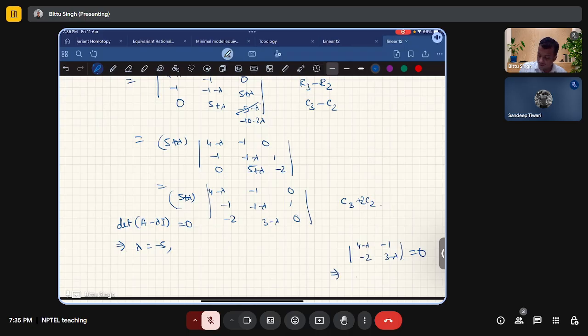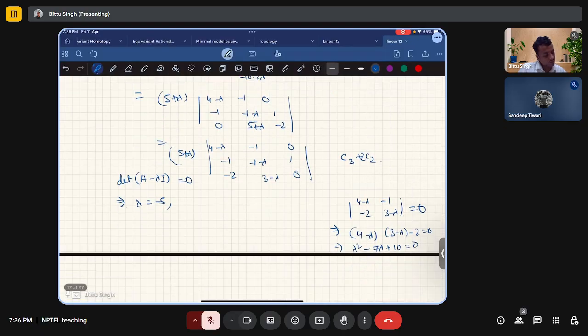If you expand, this is 4 minus lambda times 3 minus lambda, minus 2, equal to 0, but this is same as lambda square minus 7 lambda plus 10 equal to 0, and this is same as lambda minus 5 times lambda minus 2. So either this equal to 0 or this equal to 0. So we are getting those three eigenvalues, minus 5, plus 5 and plus 2.